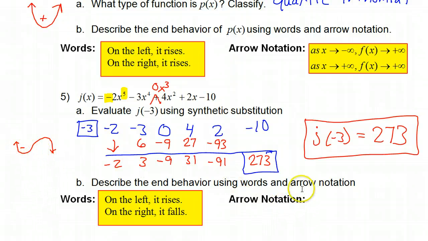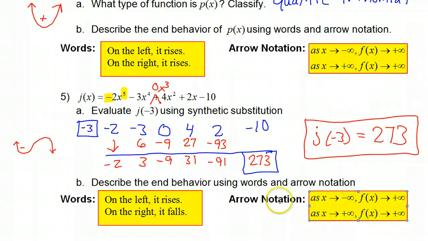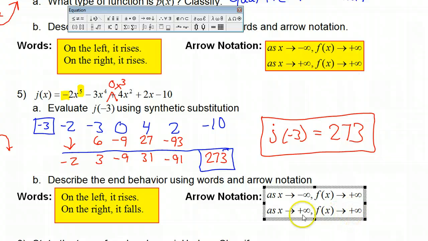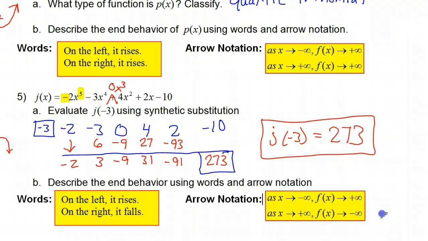Alright, in arrow notation, on the left it rises, so that first one is positive infinity, but on the right it falls, so this second one should be negative infinity, for it falls. Okay, so there's your arrow notation.